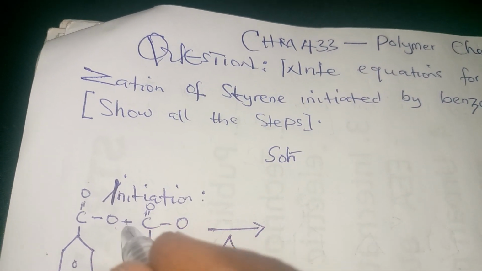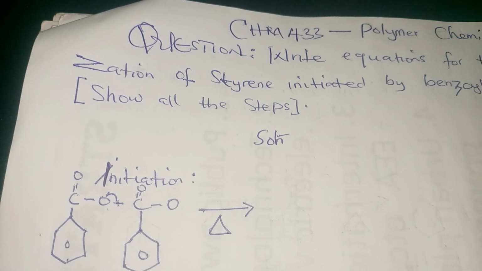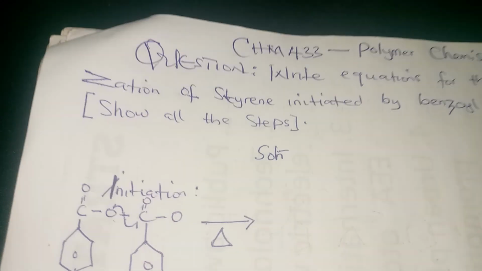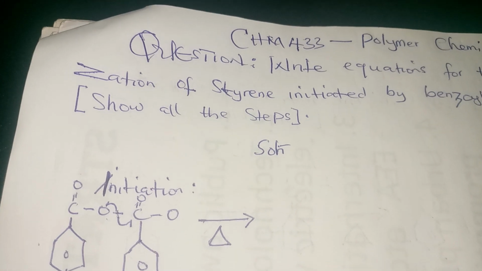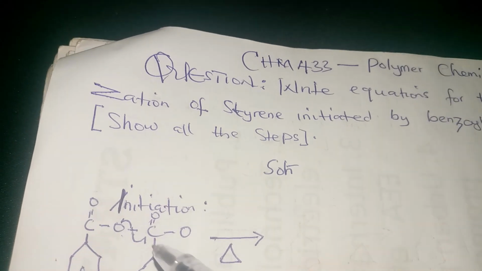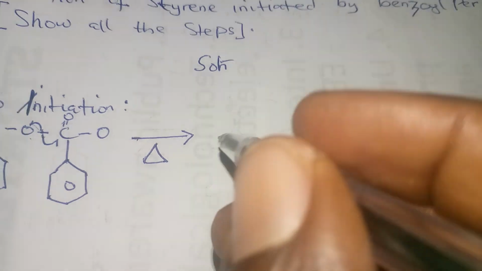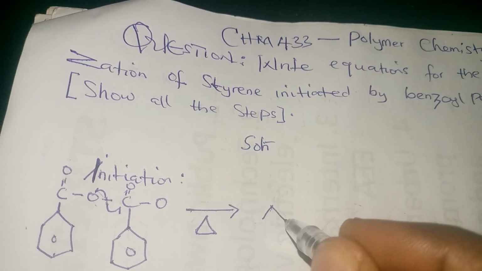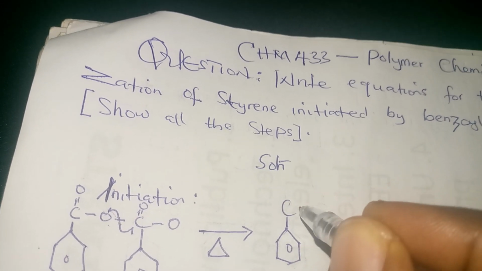It breaks with a single arrowhead, and another one will come here with a single arrowhead. That means this single bond contains two free radicals. One free radical will come here while the other will come here. See how it looks. If it breaks, it's going to be like this.